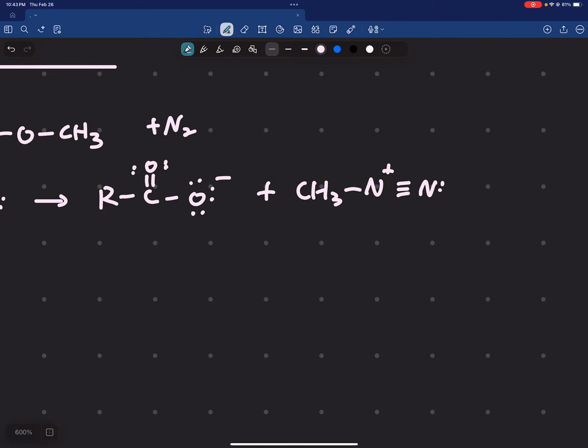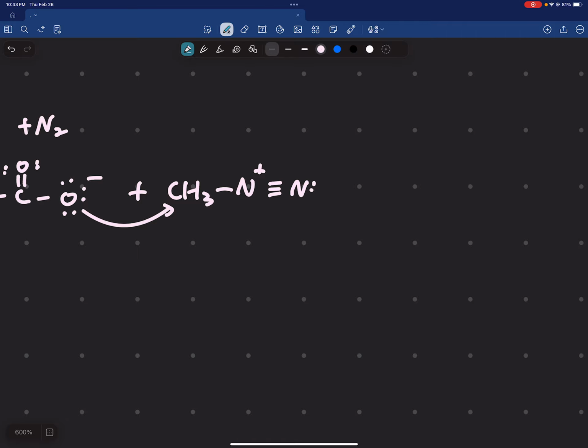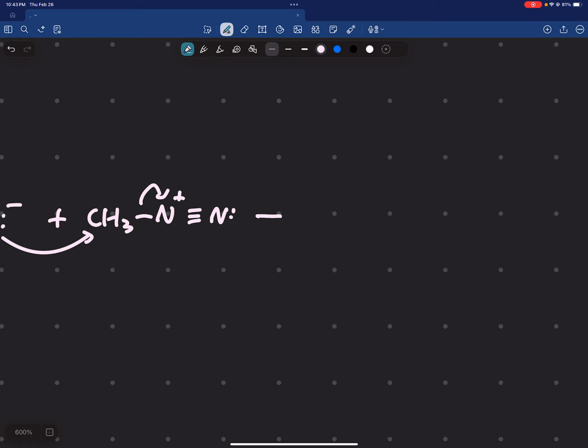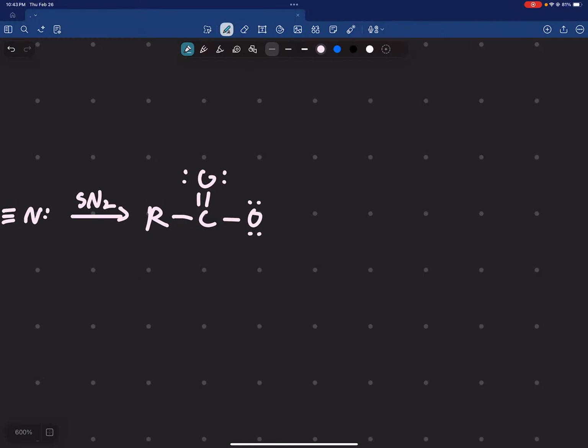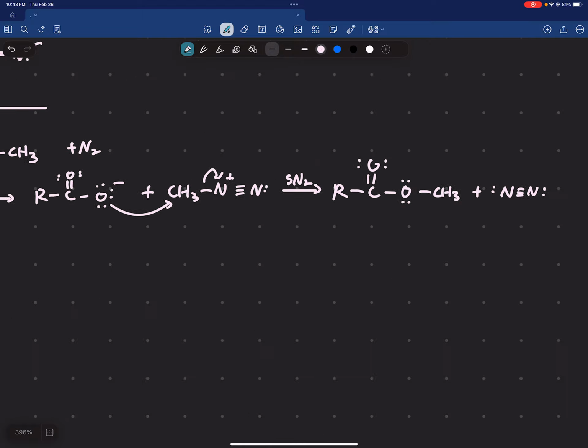So this is going to go for this oxygen, it's going to go for that carbon there, this bond is going to break, and in an SN2 reaction, this is going to create a methyl ester and nitrogen gas, like so.